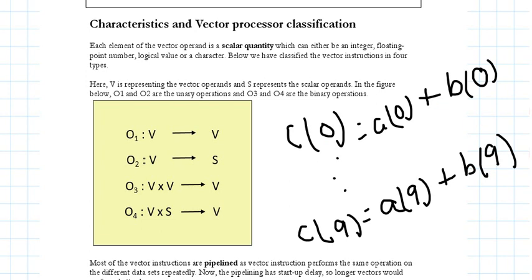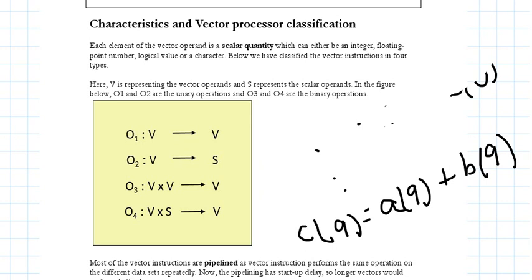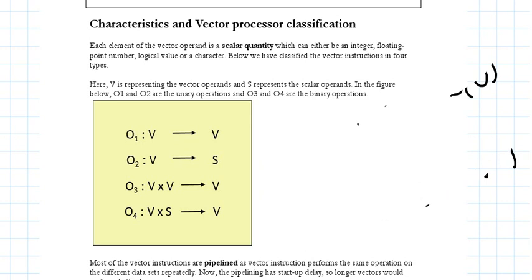So, depending upon the nature of vector instructions, they can be classified into 4 types. What are they? Just look into the yellow table. First one is V mapped to V. Here V actually represents a vector operand, S represents a scalar operand.